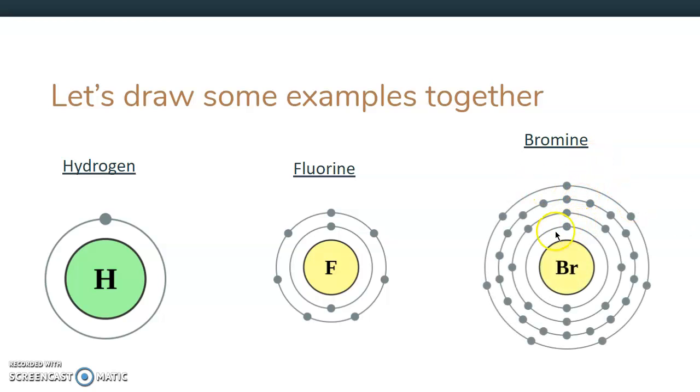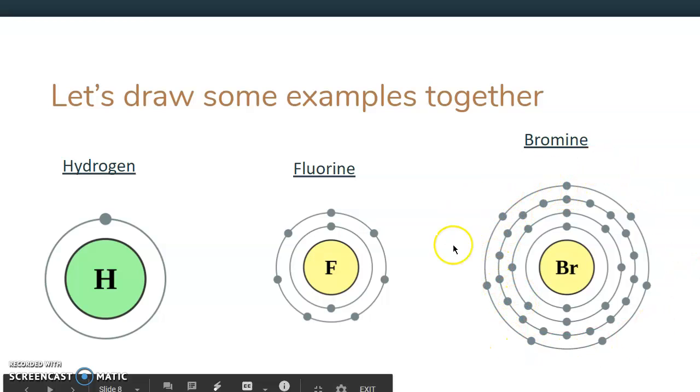So if you guys don't want to draw this one, that's okay. It's all 35 little electrons, so I understand that can be challenging. But this is really important to understand. We have our 2 electrons in the inner shell. Second shell has 8. Third shell has 18. And then we have 7 in our valence shell.